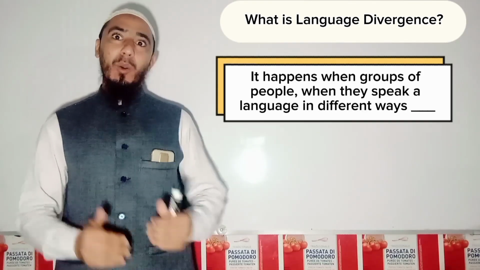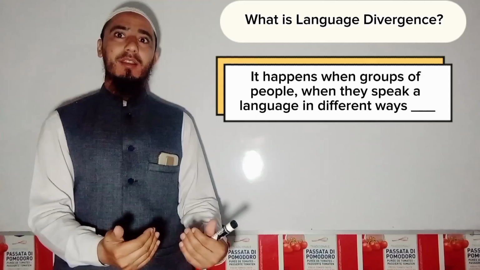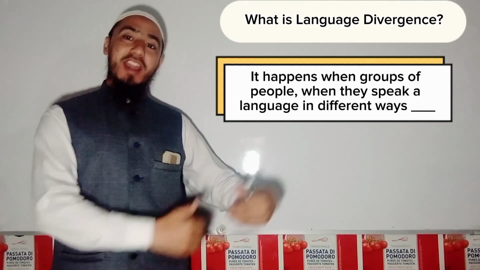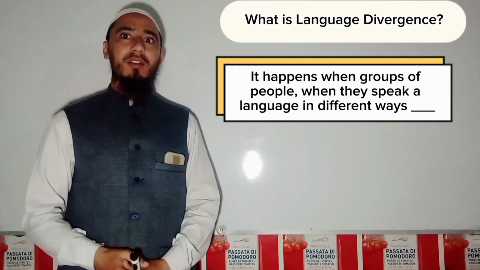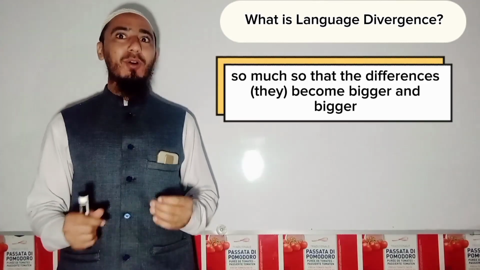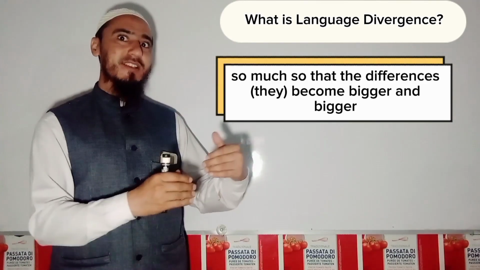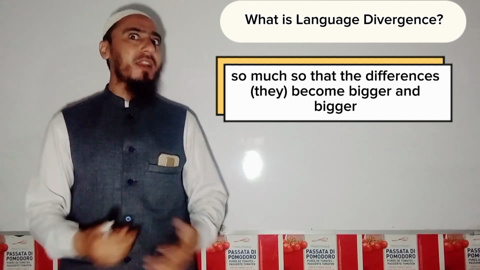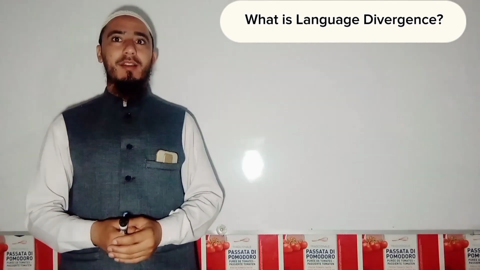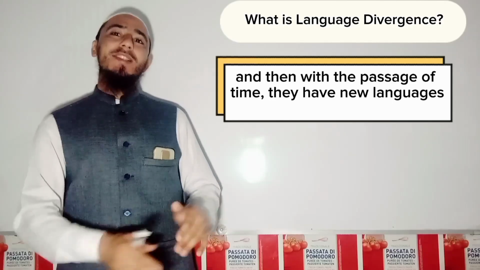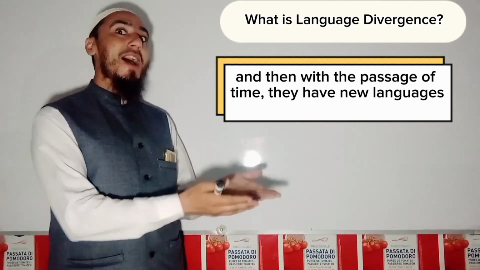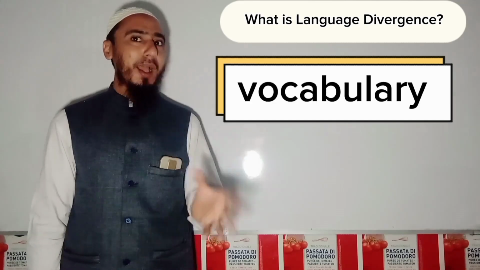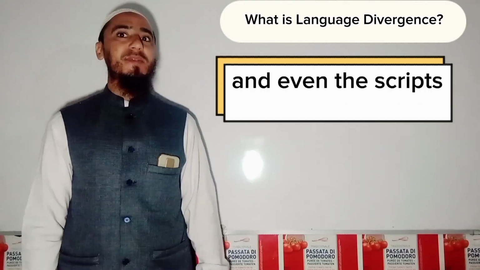It happens when groups of people speak a language in different ways, so much so that the differences become bigger and bigger. And then with the passage of time, they have new languages with new words, vocabulary, and even the scripts.